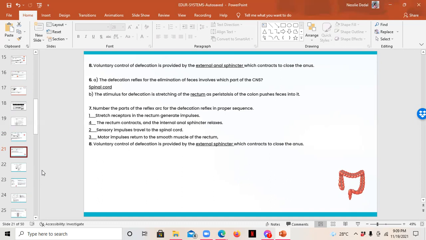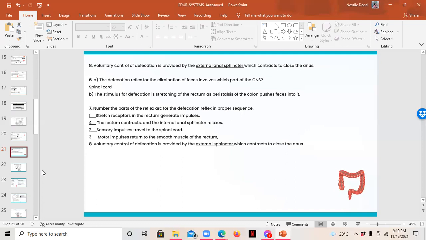Number 7. Number the parts of the reflex arc for the defecation reflex in proper sequence. Number 1. Stretch receptors in the rectum generate impulses. Number 2 is sensory impulses travel to the spinal cord.